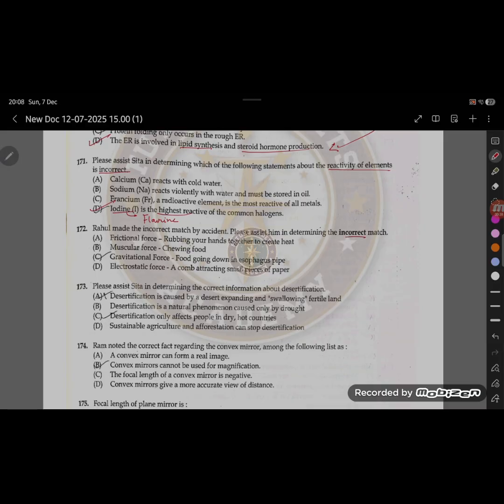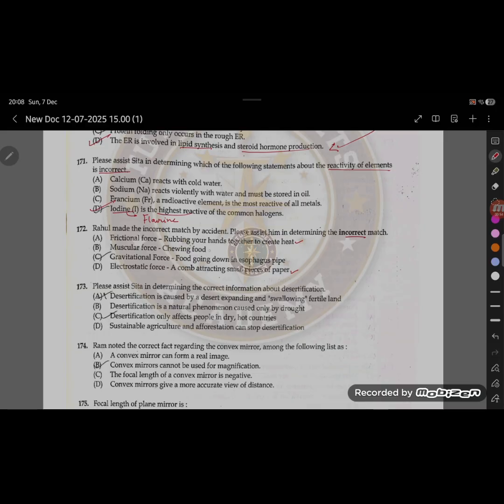Now about frictional force, it says that rubbing your hands together creates heat. It's absolutely right. Muscular force is used in chewing food. Yes, of course. Gravitational force, food going down the esophagus. Is it a result of gravitation? No, not really. And then electrostatic force, a comb attracting small pieces of paper. So yes, it's true.